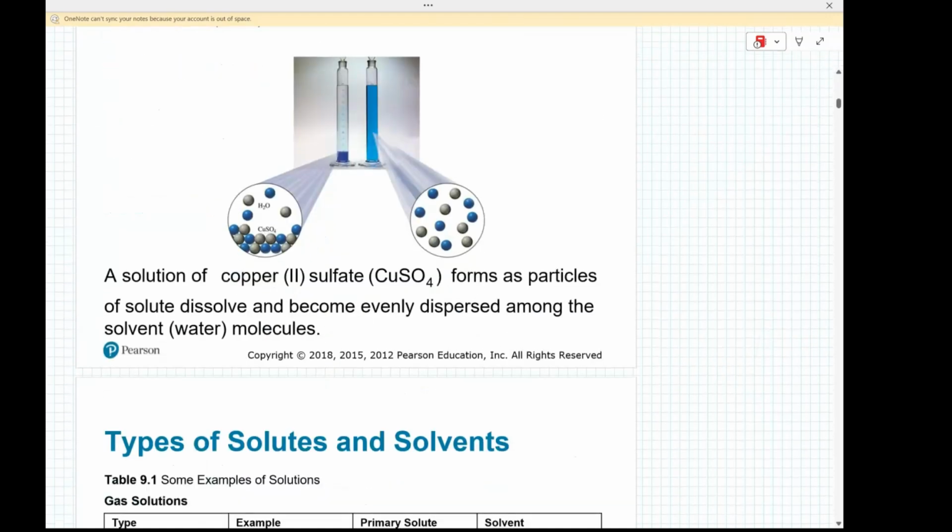So, you all know that solutes can give solutions a color. You've already learned that the process of dissolution may result in the release or absorption of energy, but at the end of the day, you're going to get this homogeneous mixture.